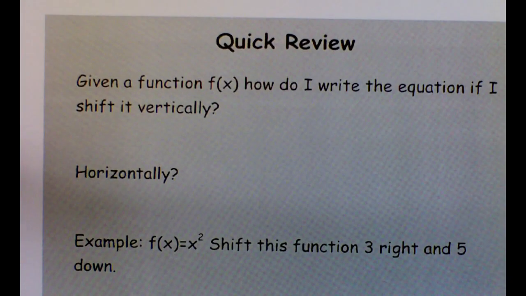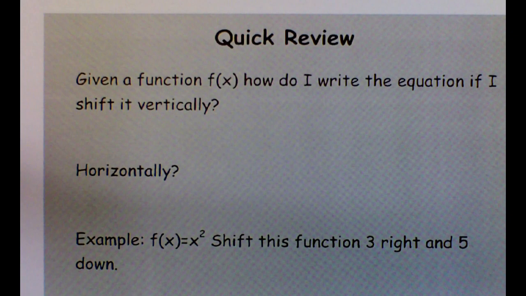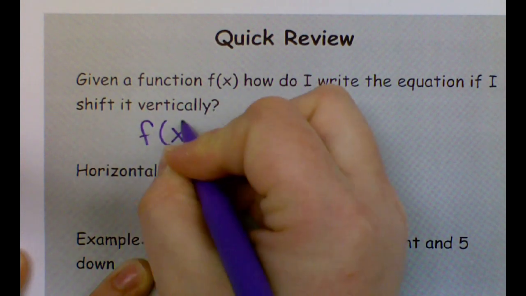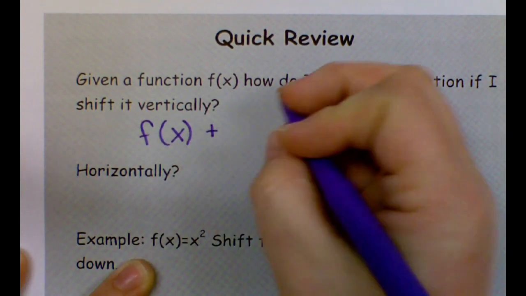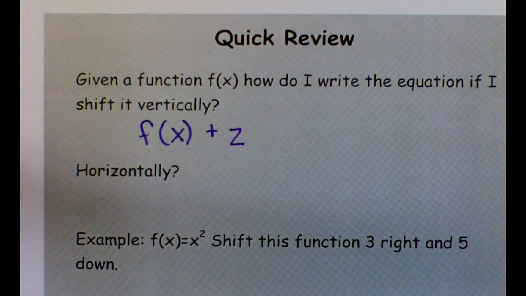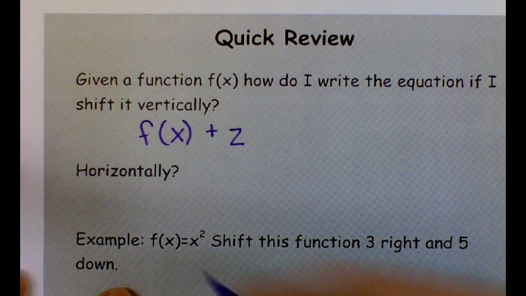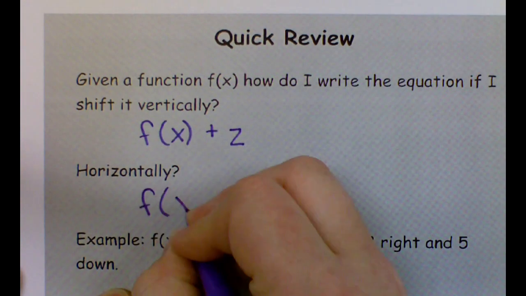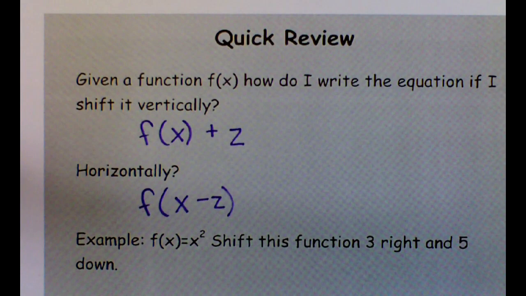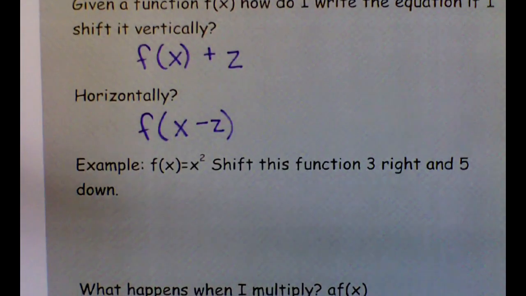So, real quick review. Given a function, how do I write the equation if I shift it vertically? Well, to rewrite my function to shift it vertically, we just add some number on the end. Let's call it, I don't know, z. To shift horizontally, remember, in with the x, we subtract whatever value we want for the shift horizontal.